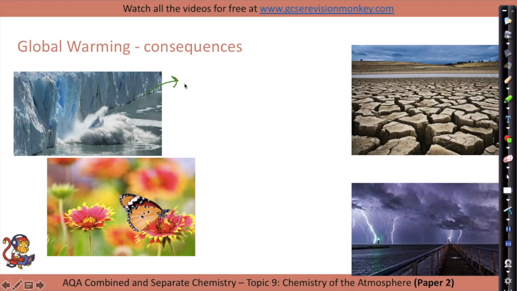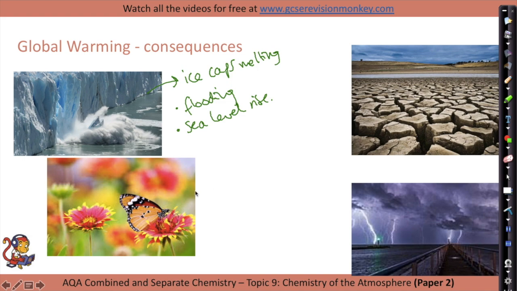So the consequences of global warming are well documented. We've all seen pictures of the ice caps melting. That can cause flooding and sea level rise. Animals are changing their distribution because of the changing of temperatures.